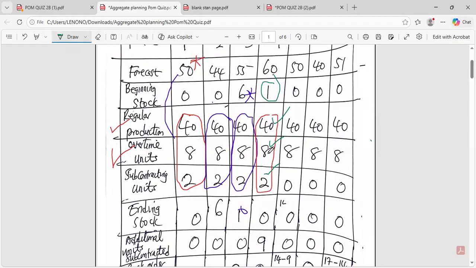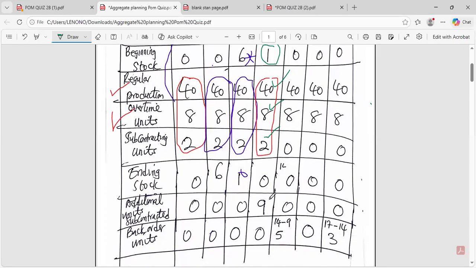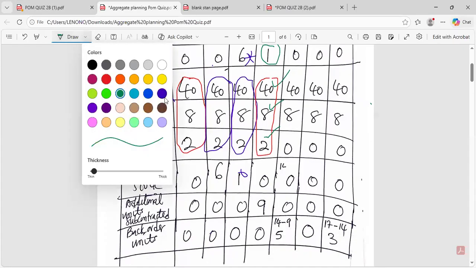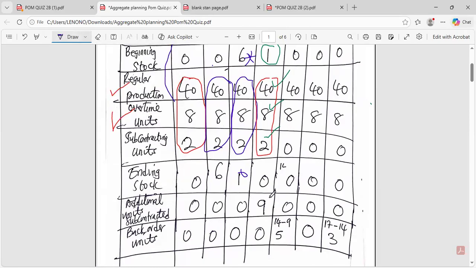Overtime units were 8 units. Subcontracting were 2 units. So if you add these, you will discover that we get 40 plus 8 plus 2, 51, minus what it is, 9 units that were further units subcontracted. So we have the 9 units here.